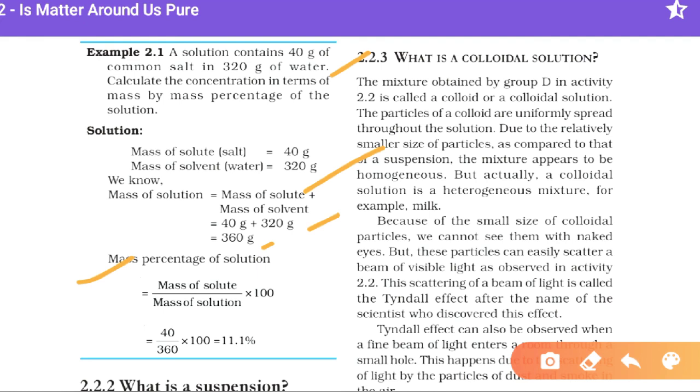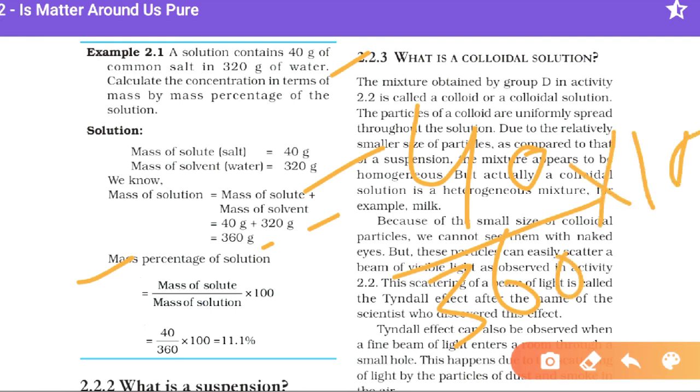So mass of the solute is 40 gram over mass of the solution is 360 gram multiplied by 100. When we solve this, we get the answer 11.1%. This shows the concentration in terms of the mass by mass percentage of the solution.